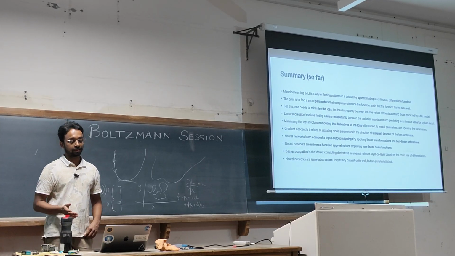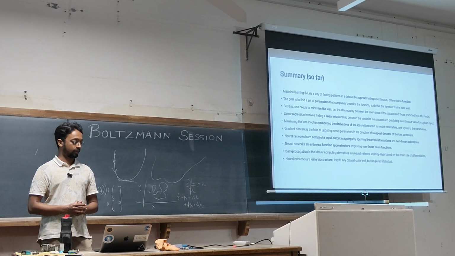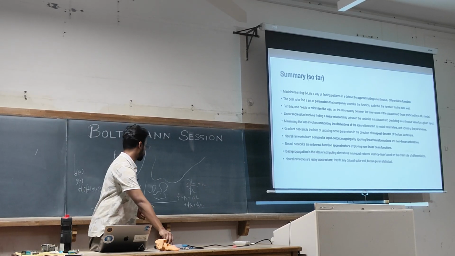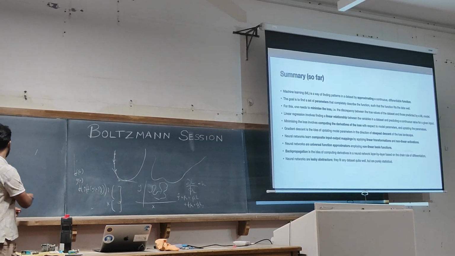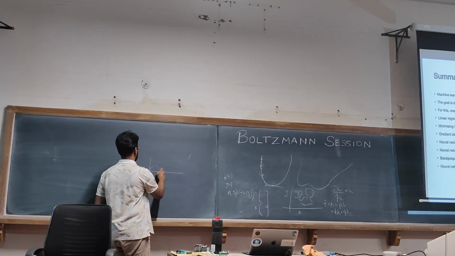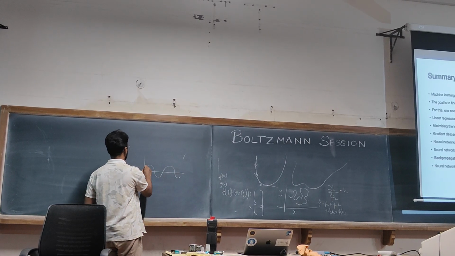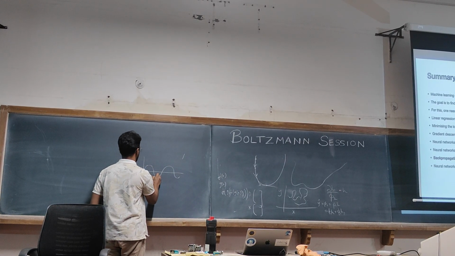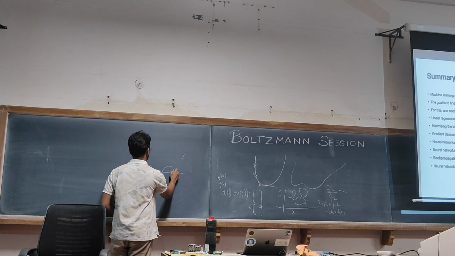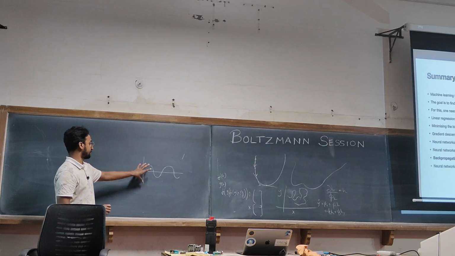In such a situation, you can use classical neural networks, but what would happen, for example, is if you have a sine wave. Imagine your data is on a sine wave, and suppose you want to fit a sine wave to this.